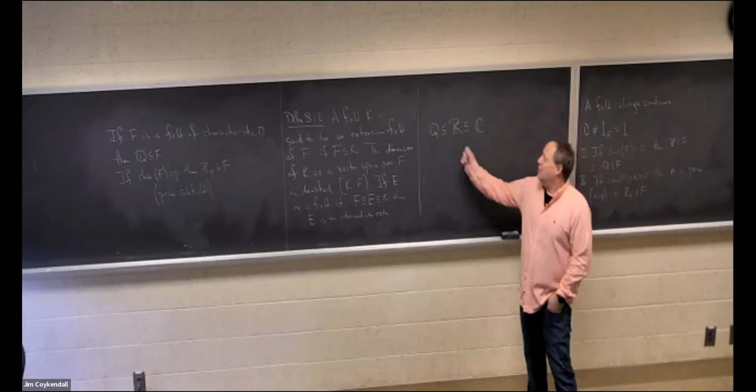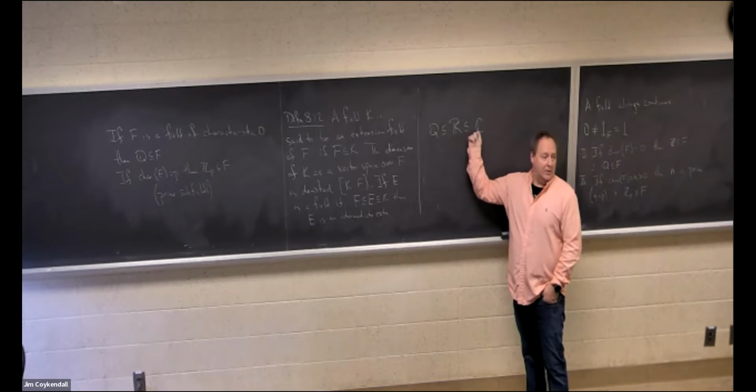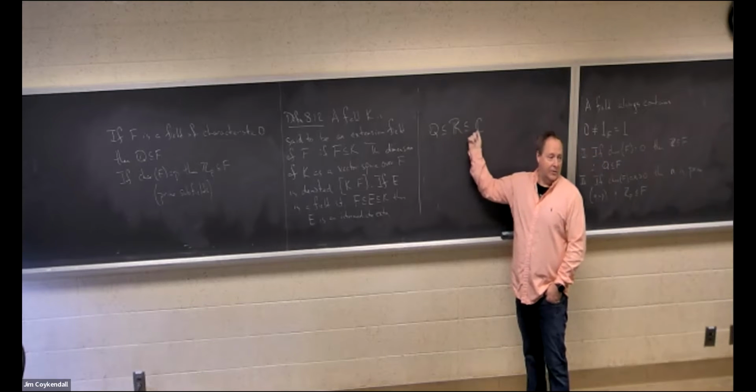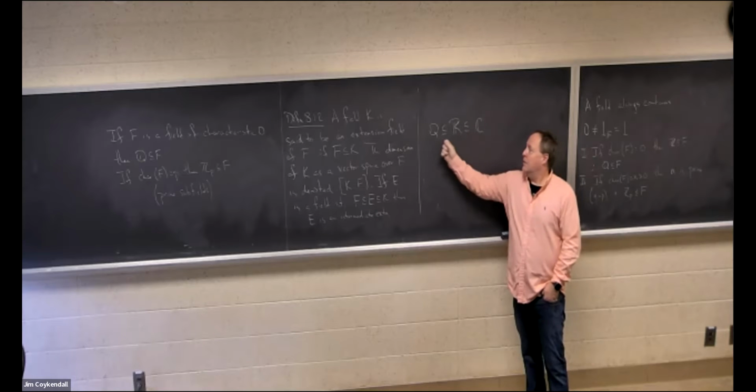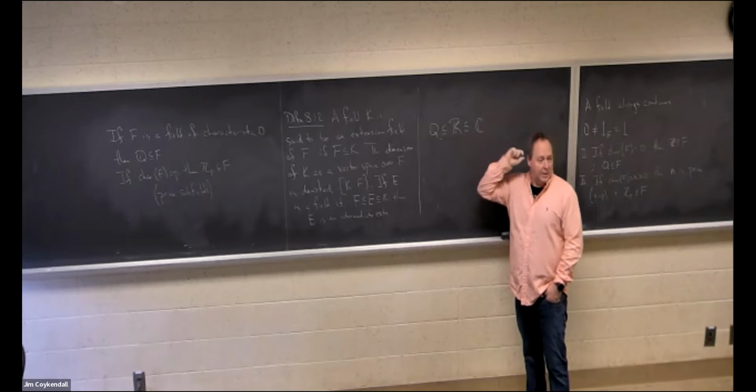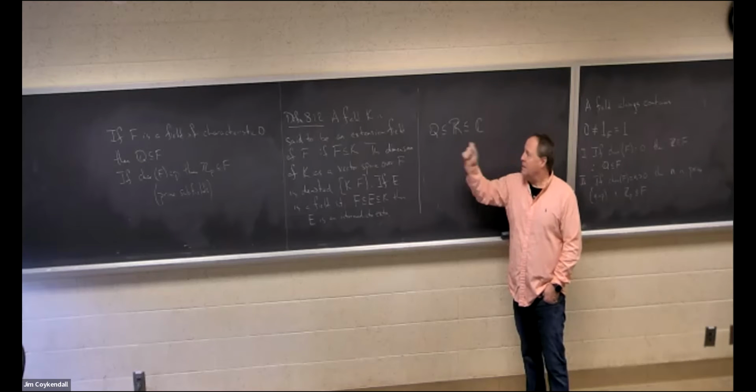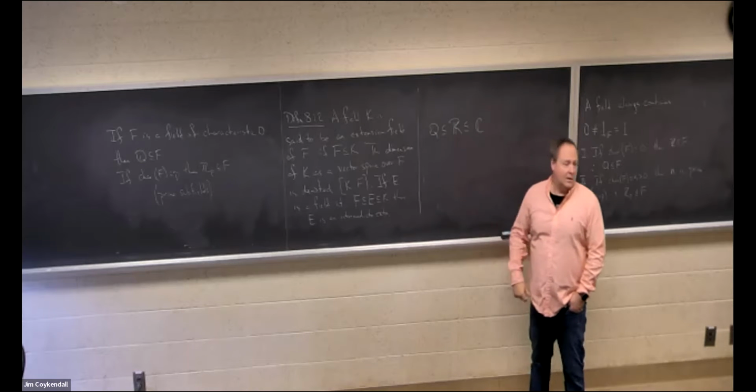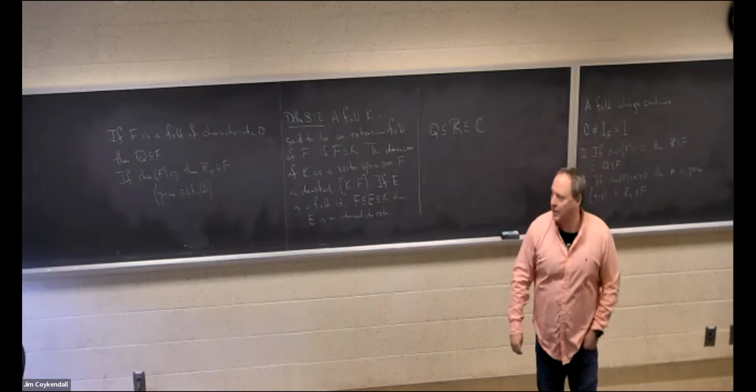It's interesting to note that there are no intermediate extensions between R and C. The degree of this extension is 2. There's nothing in between, right? The degree of the other extension is very big. Can you name a field in between Q and R?